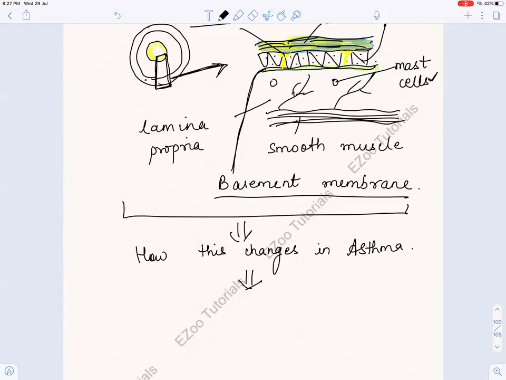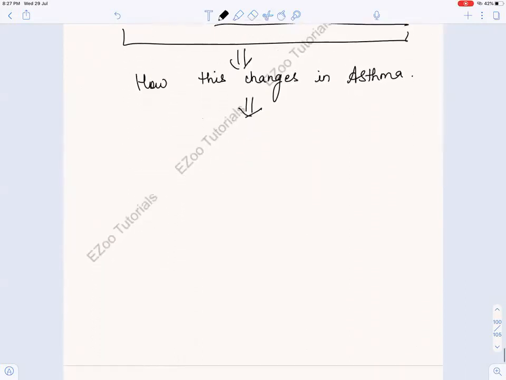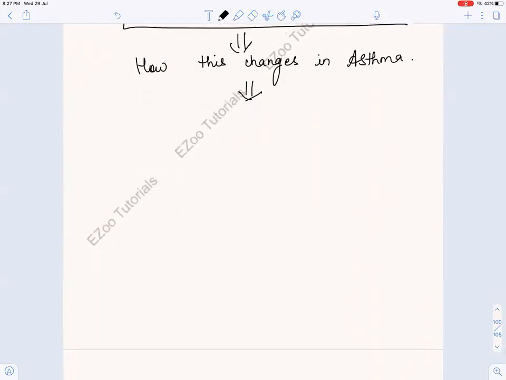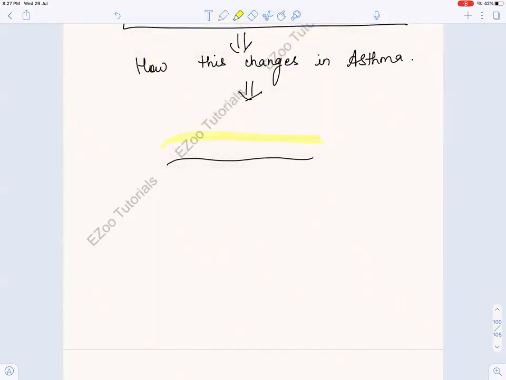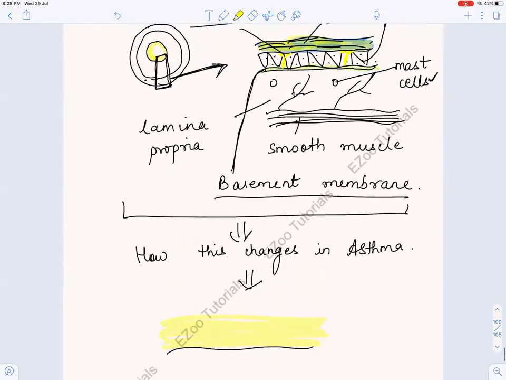Okay, ठीक है बच्चों, चलो अब हम देखेंगे how this is changing during asthma. Now that mucus that we had drawn, this mucus will become so much more. See how less mucus was here, and see how much more mucus is here.